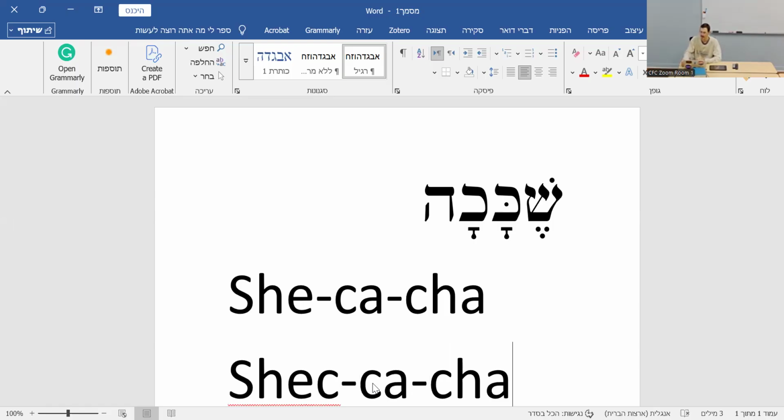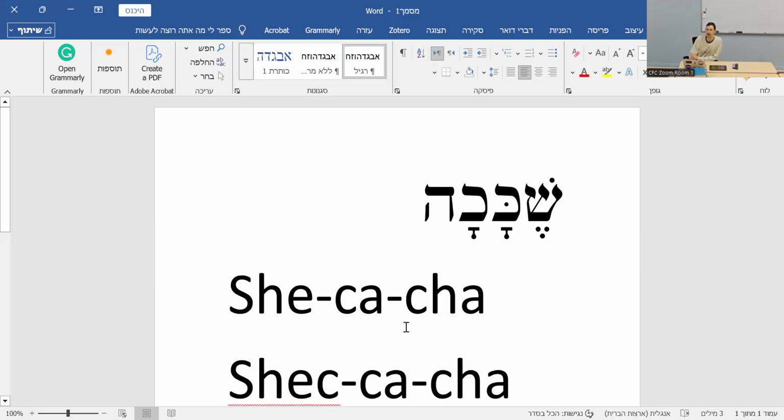There is another grammatical rule that the Khaf that begins a syllable has to have a dagesh in it. So how would you read that? The same way.